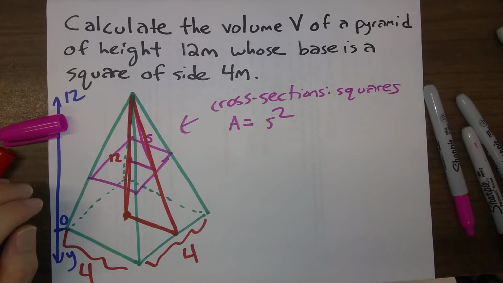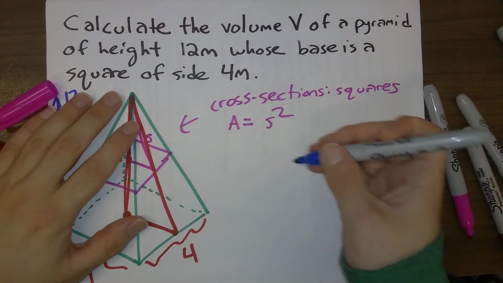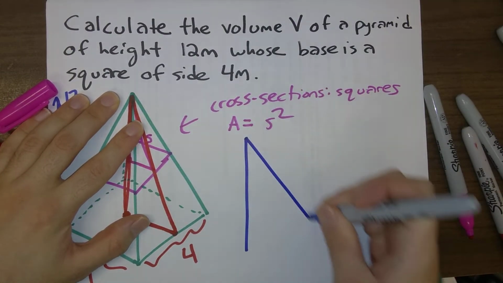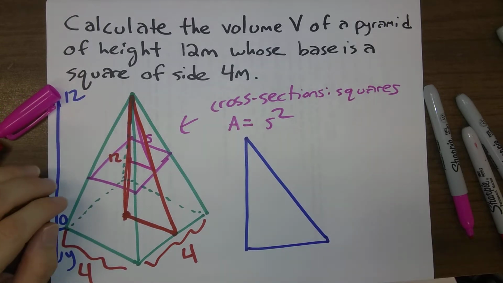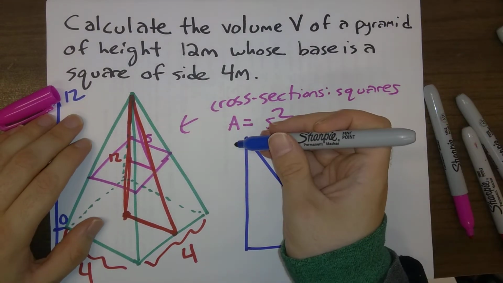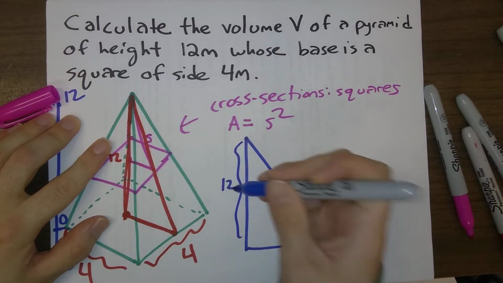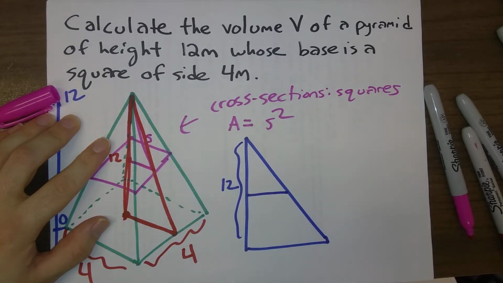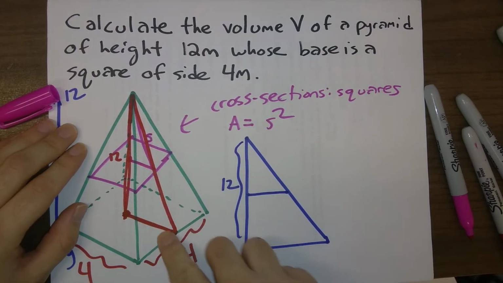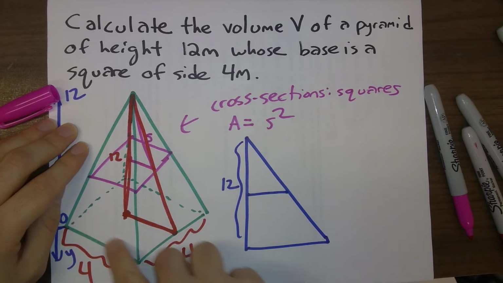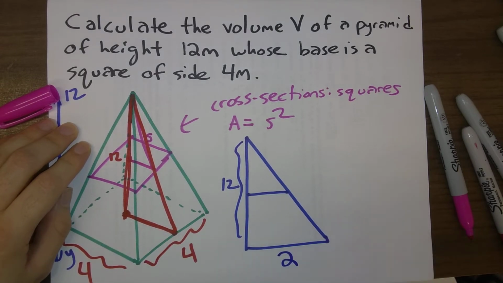It's a little bit hard to figure out what's going on in the picture now. So let's pop out that picture and see what's going on. First thing, the height overall is 12 here. And this base down here is half of the side length of a square, so that's 2.